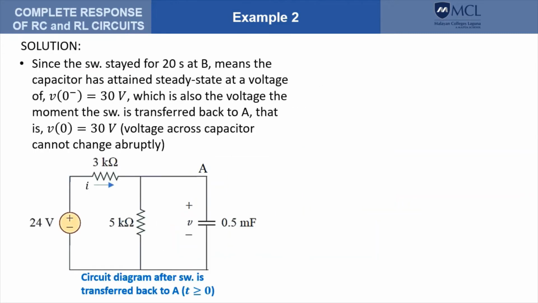Take note that the circuit is in steady state before the switch is transferred back, because the problem stated that the switch is transferred 20 seconds after it moves to B. So that is enough time for the circuit to attain a steady state prior to the transfer of the switch back to A. So that means that the initial voltage of the capacitor when transferred to A must be equal to 30 volts.